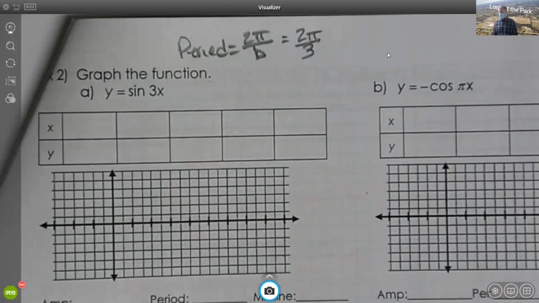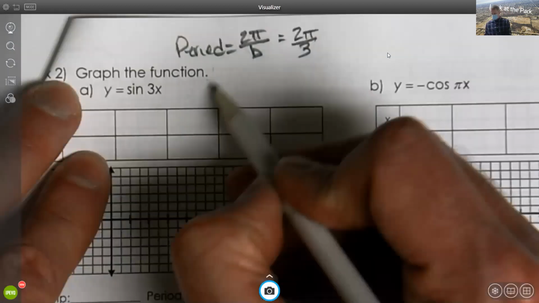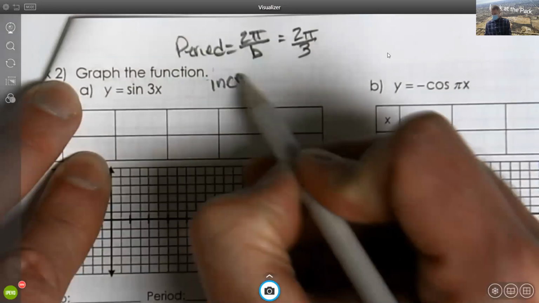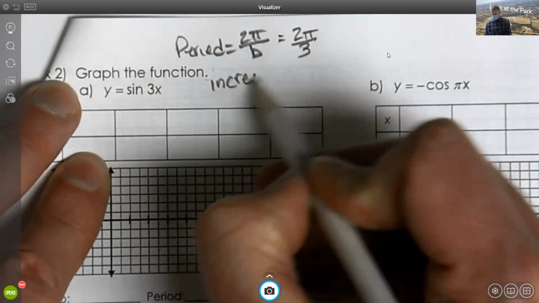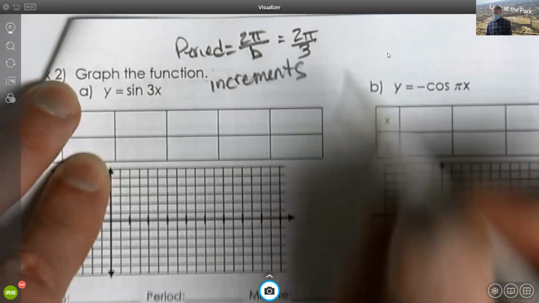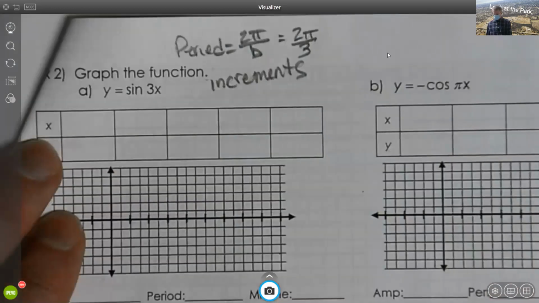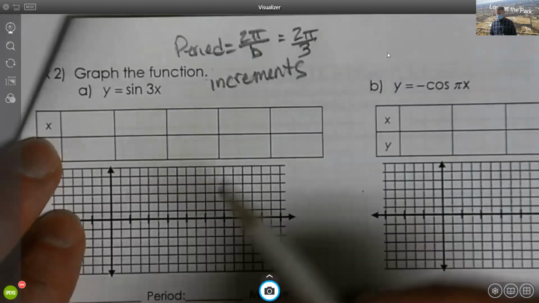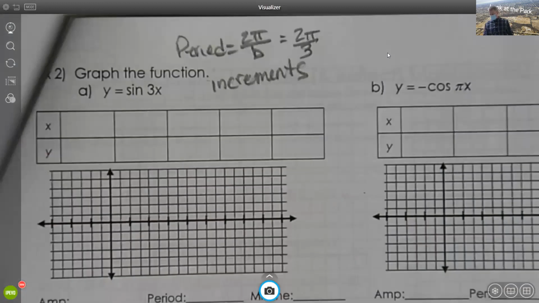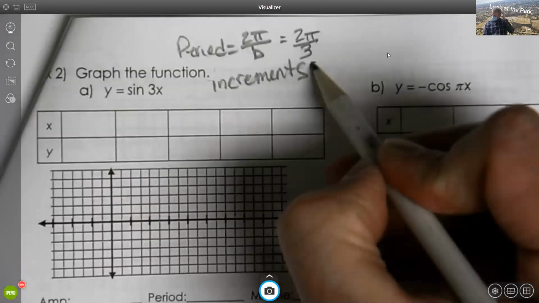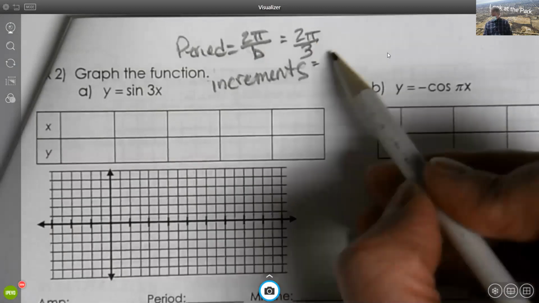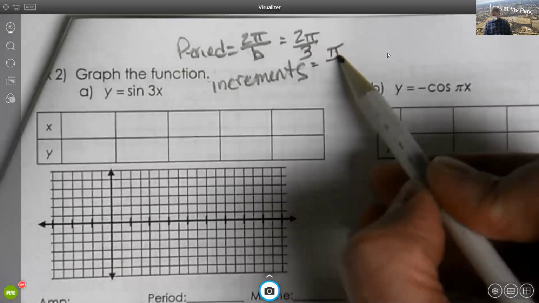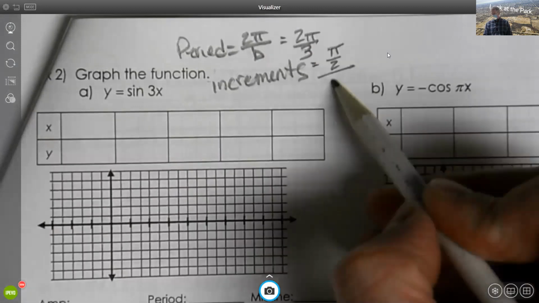Now to figure out your increment, what am I doing wrong here? Is there an A in there? I think so. Anyway, our increment is pi over 2 divided by b.